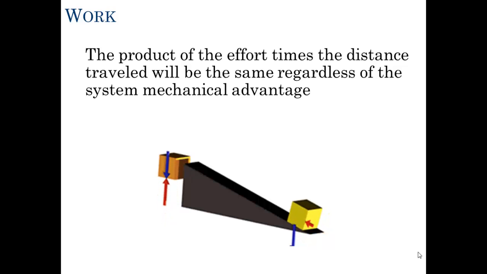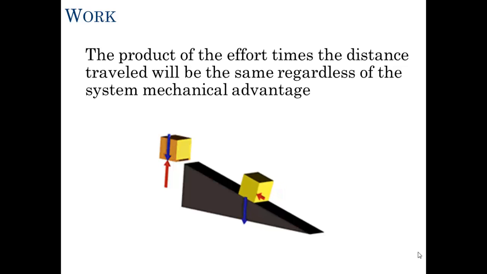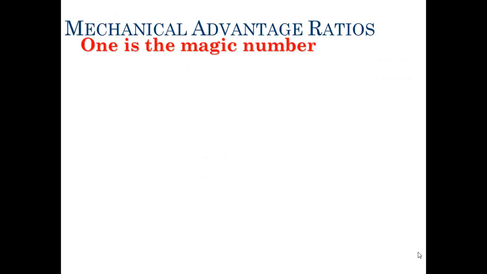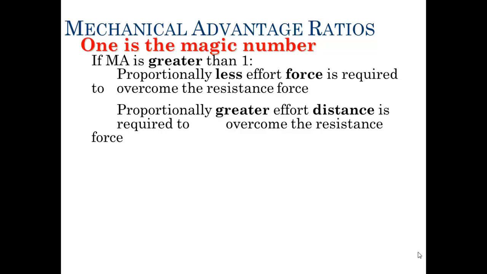All right? So the product of the effort force times the distance traveled will be the same regardless of the system mechanical advantage, right? And this was in your Blackboard shell as well, but remember that 1's the magic number. All right, if a mechanical advantage is greater than 1, you need less effort force, but it's a greater distance.